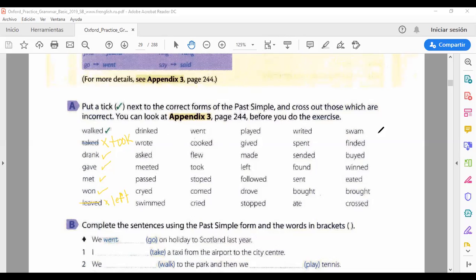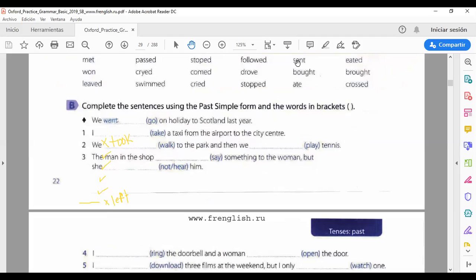You just have to put a check mark or take a look at it and choose the ones that are incorrect. And if you have any questions about this, we can go through again during virtual class. Okay, so now I'm going to show you the rest of the information right here. Complete the sentences using past simple form and words in brackets. Okay, you are going to use these verbs.